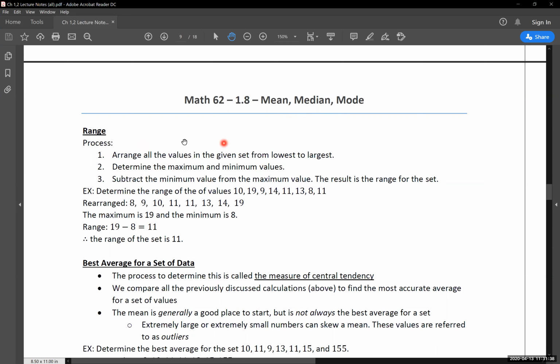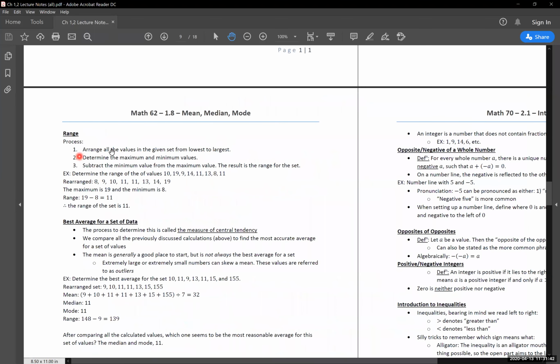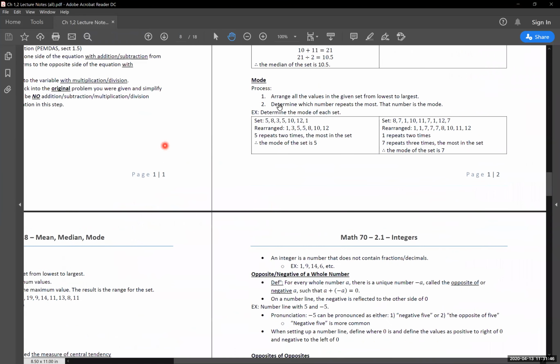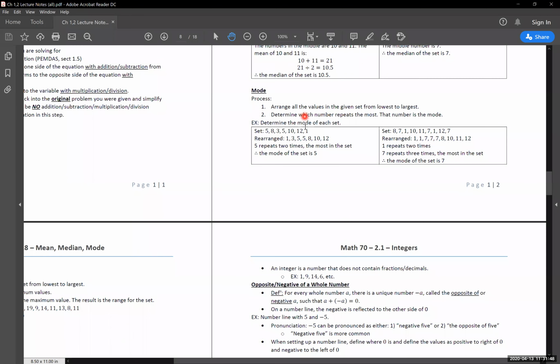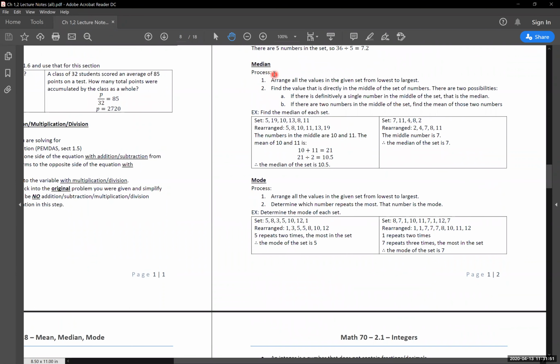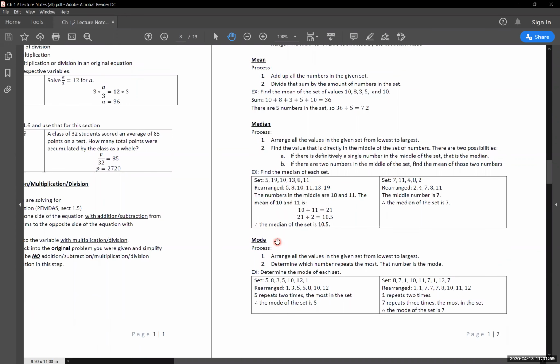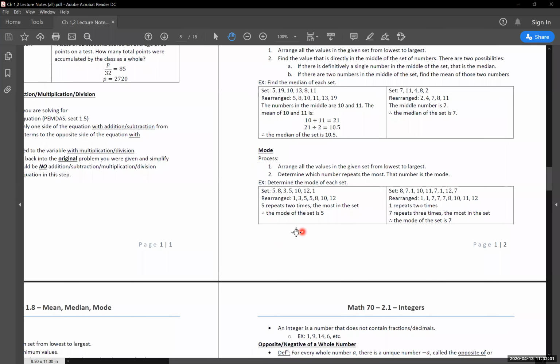Keep that work organized for yourself. We just saw that the range has us rearrange these things because it helps. The mode has us rearrange these things because it helps. The median demands that we do that. So for 3 of our 4 calculations that we're doing, rearranging is going to be useful. So again, I would start with doing that with all these problems. Okay.